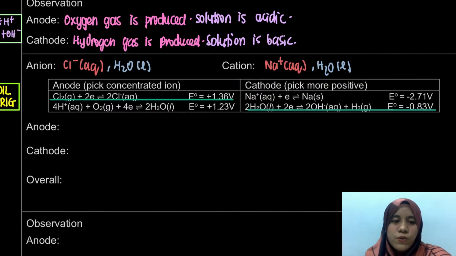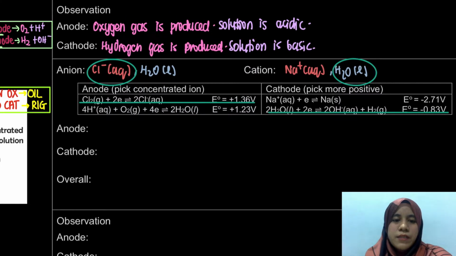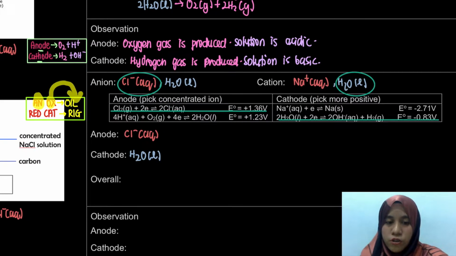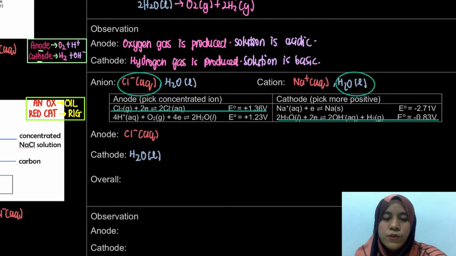So for the anode itself, remember the first one is actually the reactant, which is my Cl minus, and for the cathode, H2O liquid. Next, for the anode, oxidation, lose electron. So when it loses electron, what about the product?